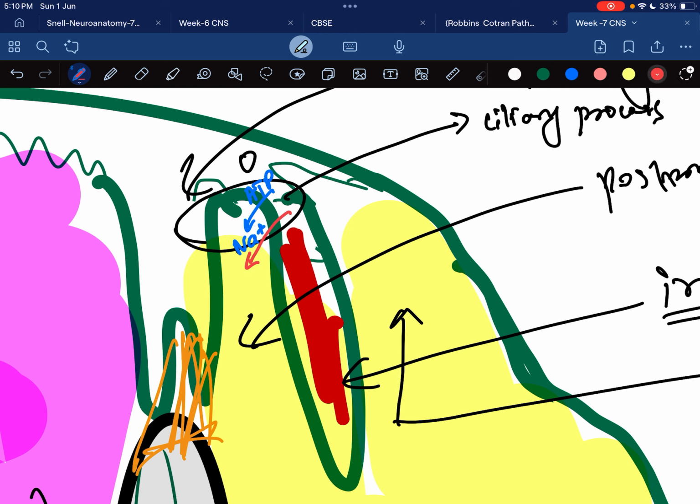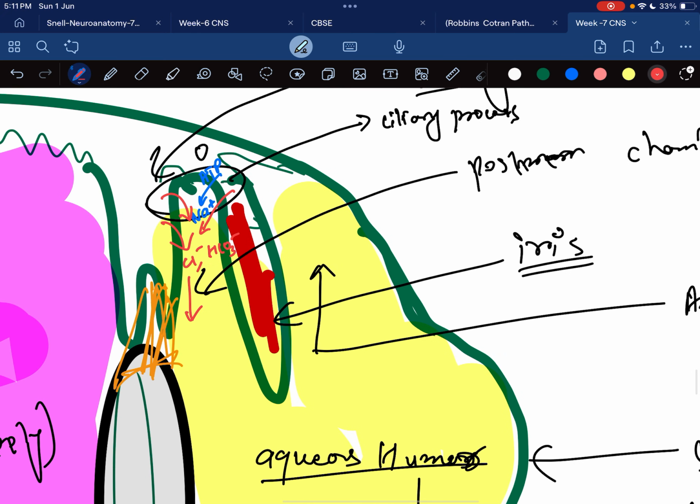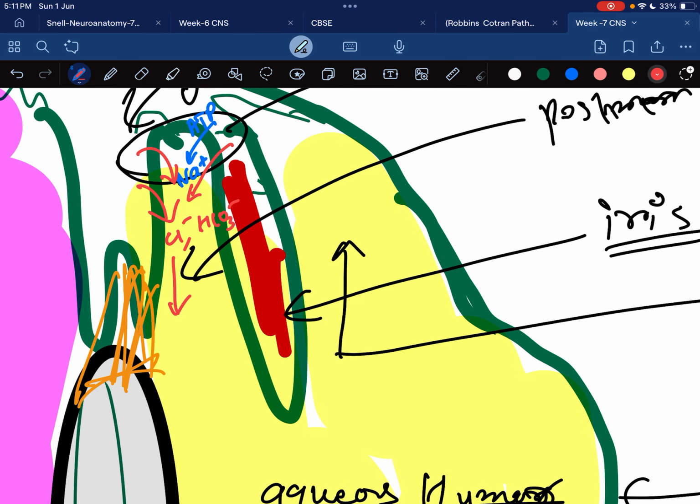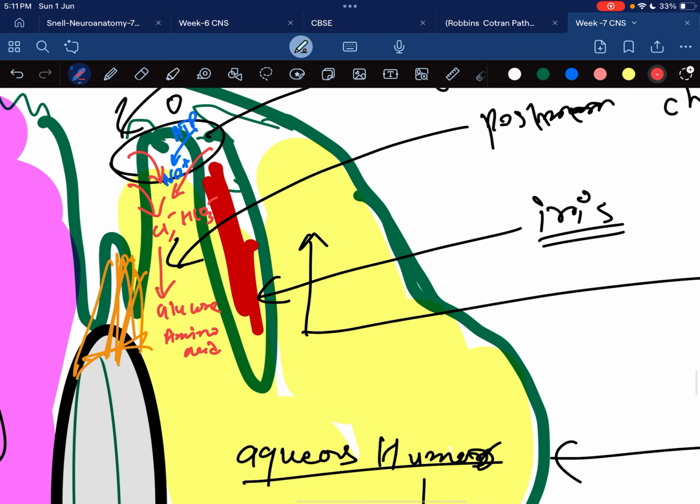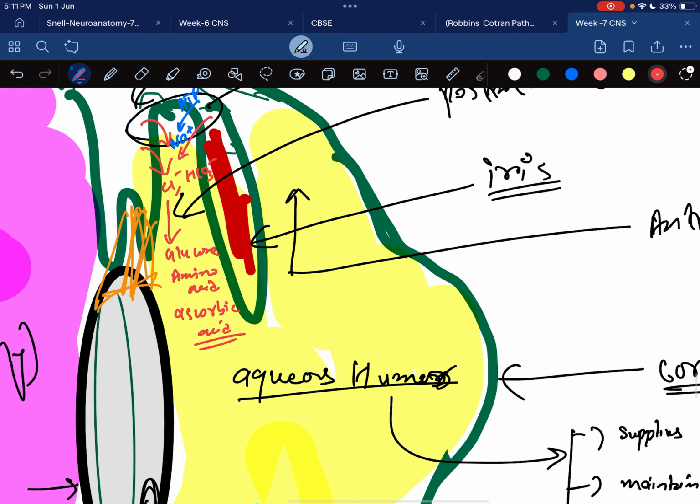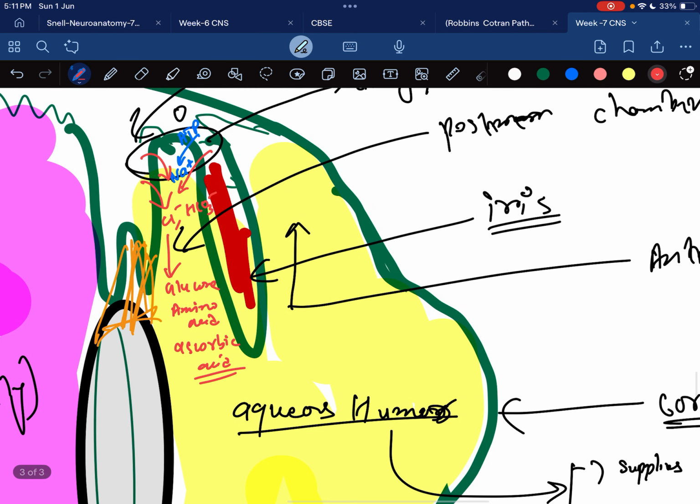There is also some secretion of glucose, amino acids, and ascorbic acid, and the fluid becomes electrochemically neutralized with chloride and bicarbonate.